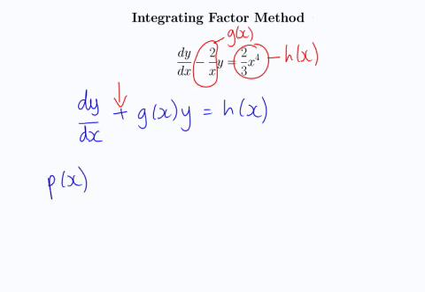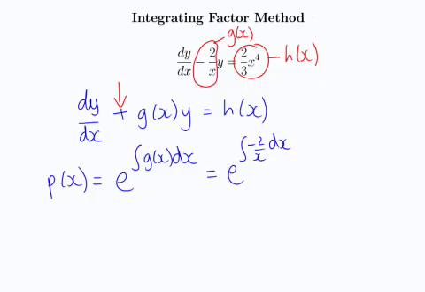And we denote that usually by p of x, and it's given by e to the integral of g of x dx. So what I have here is e to the integral of minus 2 over x dx. And I need to do this integral and then simplify as far as possible so that the next step will be easier when I come to do it.